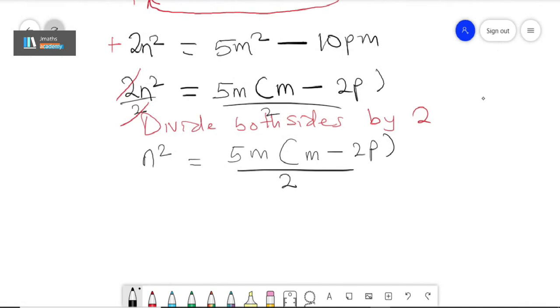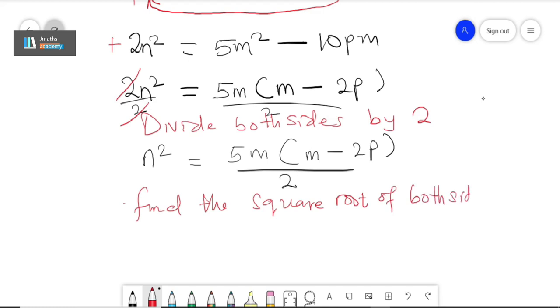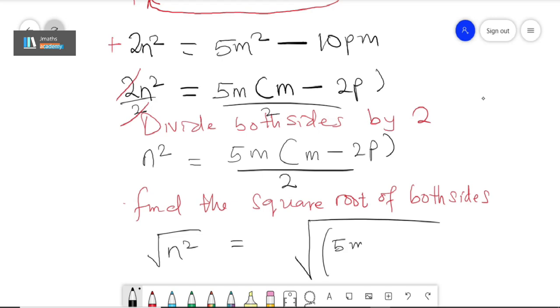Now to make n subject of the formula, we find the square root of both sides. So we have here the square root of n squared is equal to the square root of 5m, open bracket, m minus 2p, over 2.